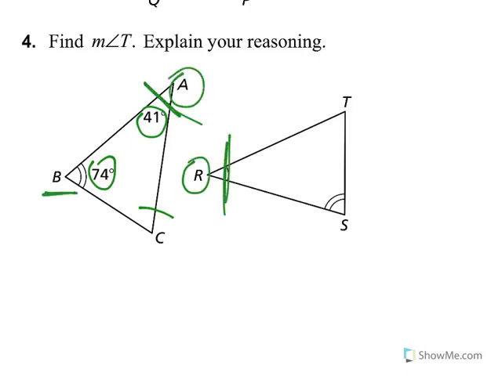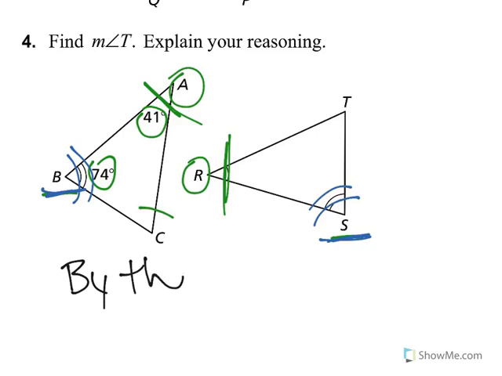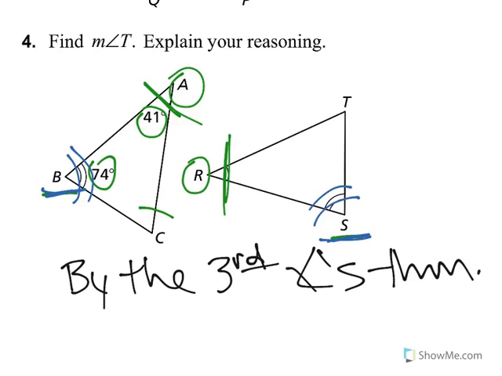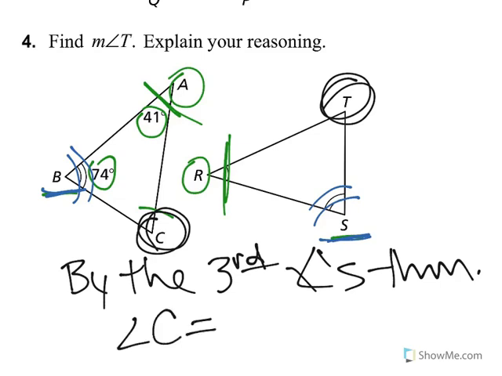And we know that B is congruent to S because of their two arc marks. I'm going to put this in a different color. Okay, so we see their two arc marks. Well, by the third angles theorem, angle C and angle T are going to be congruent.